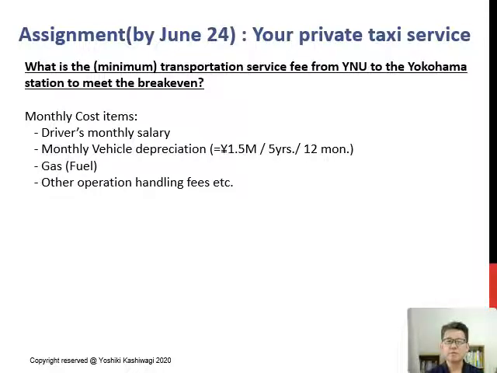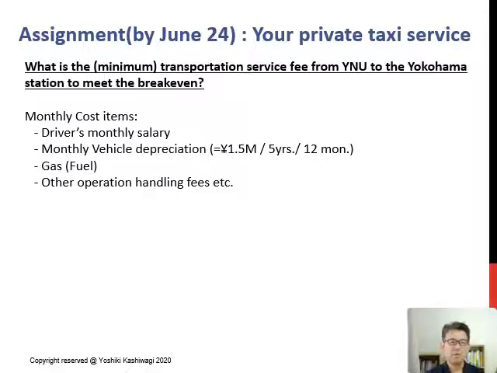And the question is, what is the minimum transportation service fee you have to charge to your customer from YNU to the Yokohama Station to meet the break even? So if you don't care about the profits, what is a minimum charge or minimum fee you charge to your customer? This is only about a one way from YNU to the Yokohama Station.